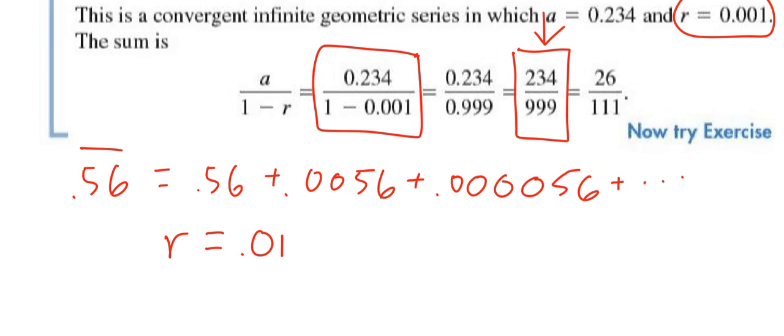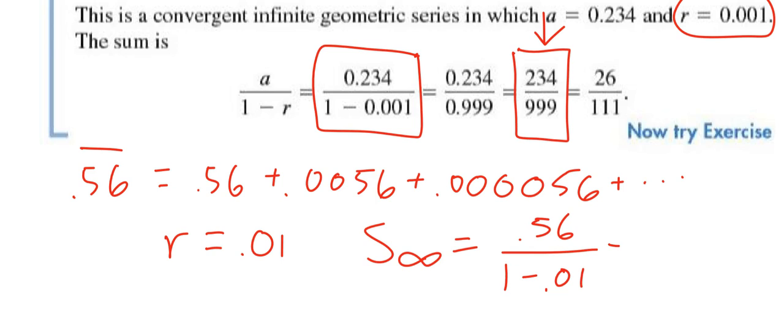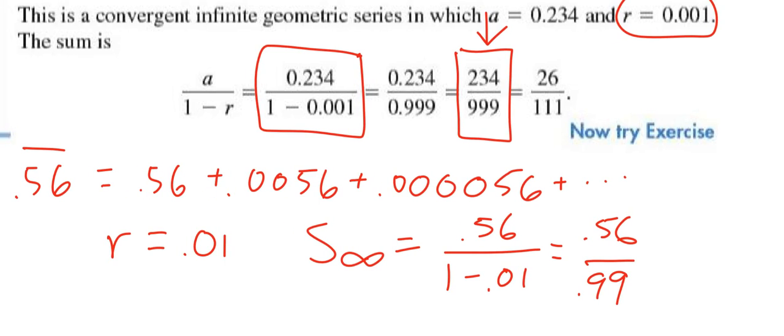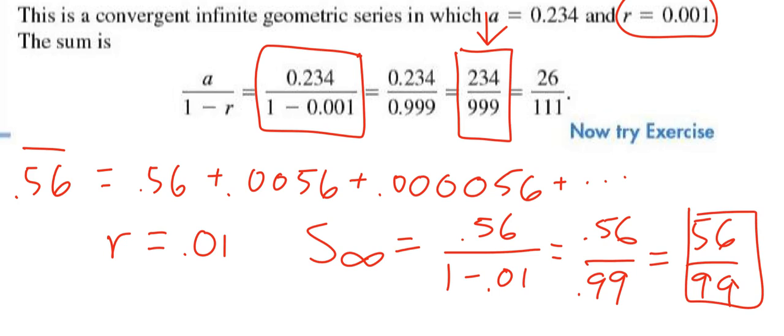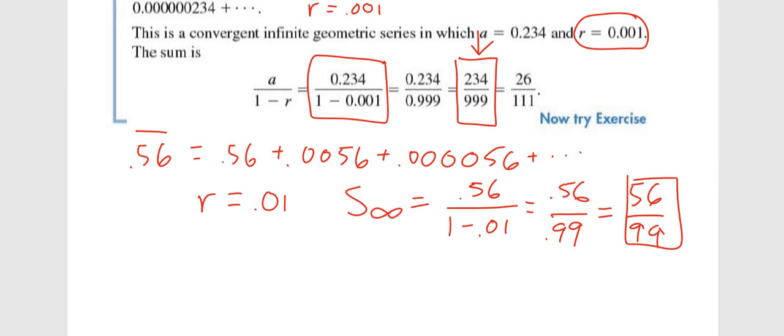Several of you had the sum of the infinite geometric series as 0.56 over 1 minus 0.01, so 0.56 over 0.99, but you multiplied top and bottom by 100 and got 56 over 99. Huh. 0.56 repeating is 56 over 99.